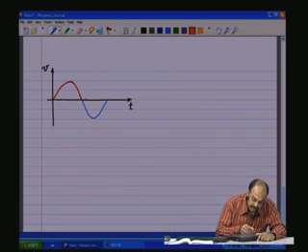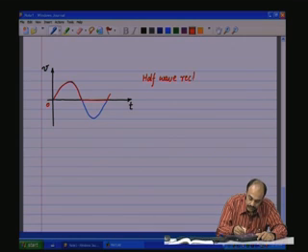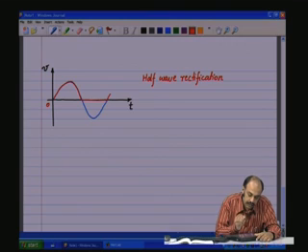As long as the waveform goes negative, the output is clamped to 0 and so on. So, this is a clamper circuit, it gets clamped to 0 and this results in a half wave rectification. So, as the name indicates, only half the wave gets rectified every cycle in a period.